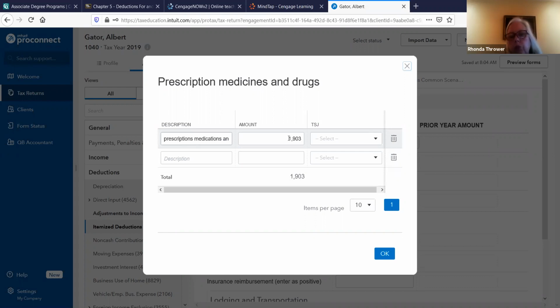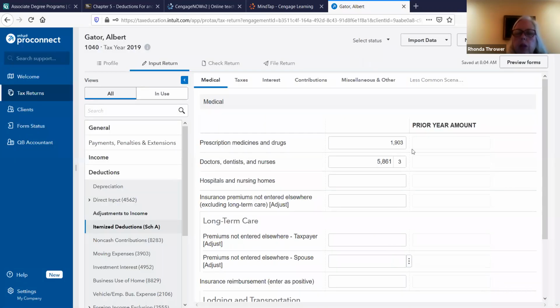You might want to do them one at a time to keep up with them, whatever's best for you and your client. But in this particular problem, they just called it prescriptions and medications, and the amount was given at $1903. You type this in, and when you hit OK, it will put this in for you automatically.